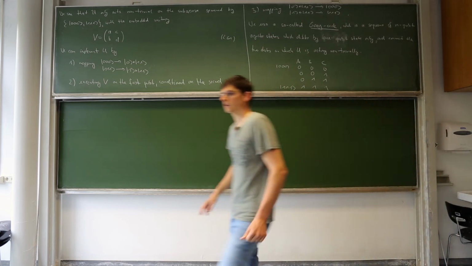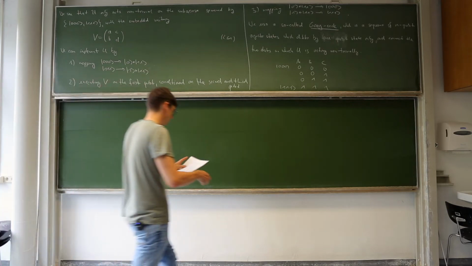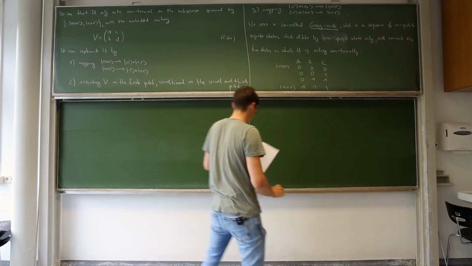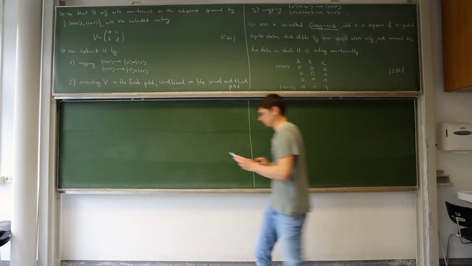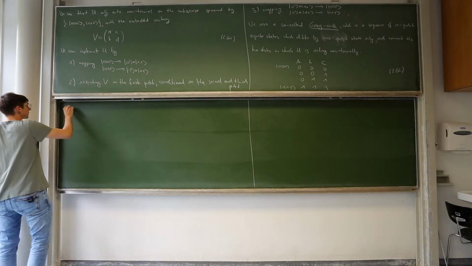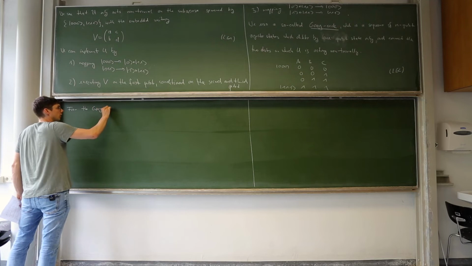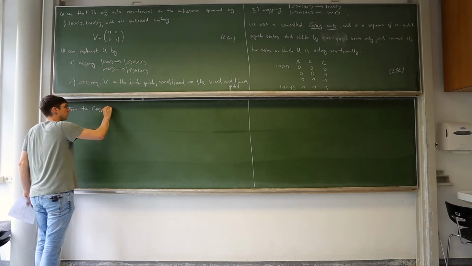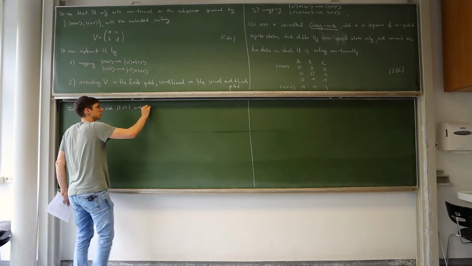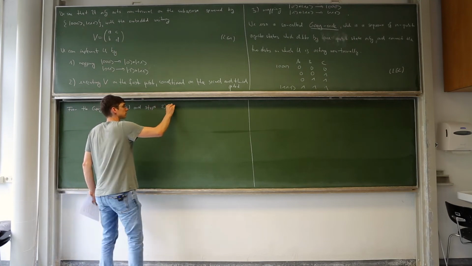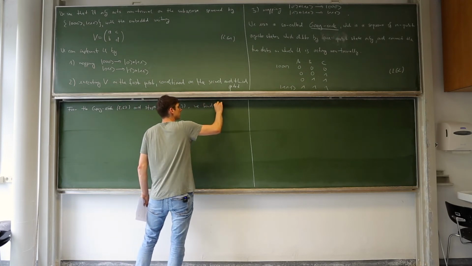Let me first write down this circuit and then explain how it works. So we give this gray code a number, it's 262. So from the gray code and steps 2 and 3, we find the circuit.